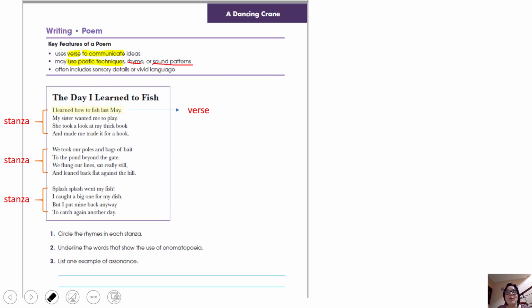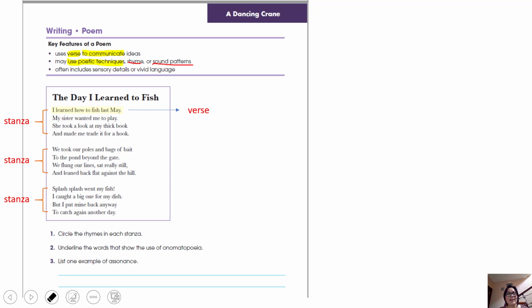So, in a poem, guys, listen this carefully. In a poem, most of the time, rhymes are going to be at the end of the verses. So we are going to read the poem. The title of this poem is The Day I Learned to Fish. I learned how to fish last May. My sister wanted me to play. She took a look at my thick book and made me trade it for a hook.